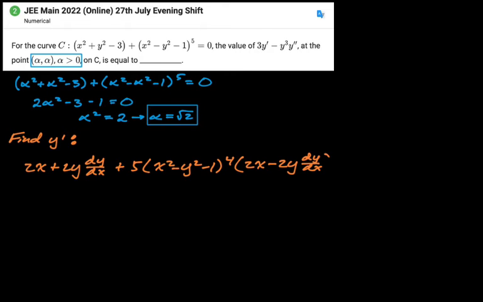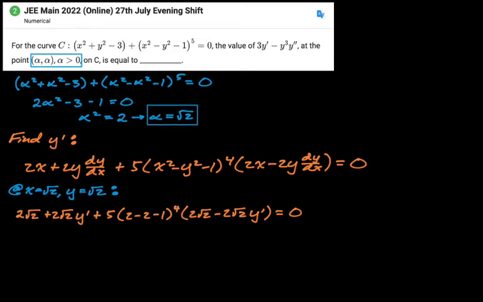So this all should equal 0, and I need to figure out what's happening when x is root 2 and y is root 2. So I'm going to directly sub in, replacing every x with root 2 and every y with root 2. Looking at it now, there's definitely a 2 that I could cancel, which probably would have made my life a little easier, but I did not do that.